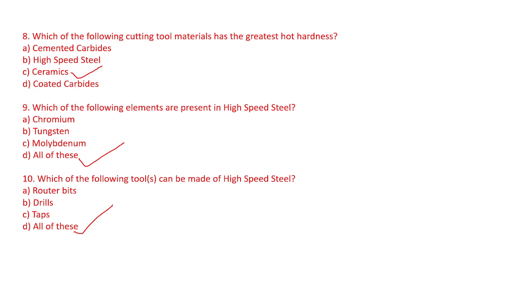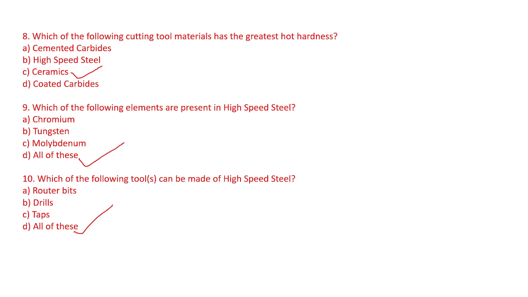In this time's assignment, one of the questions is a fill in the blank: ceramic materials can withstand high temperature rather than the tools made from carbide or high speed steel, right? One more question: which of the following elements are used for the construction of ceramic cutting tools?